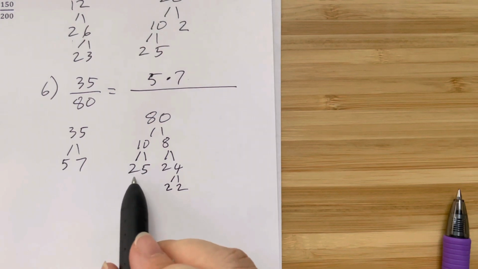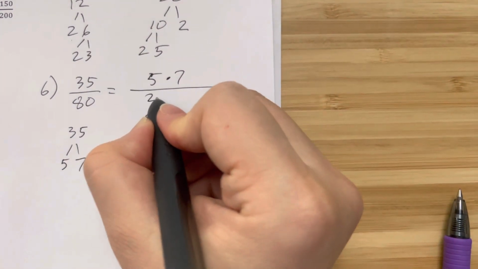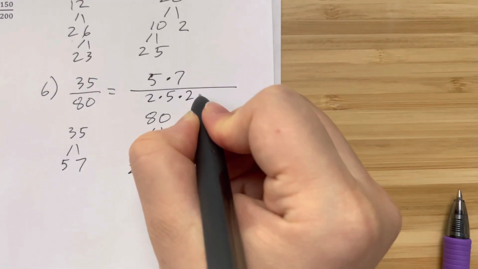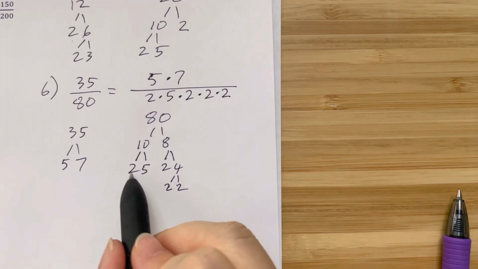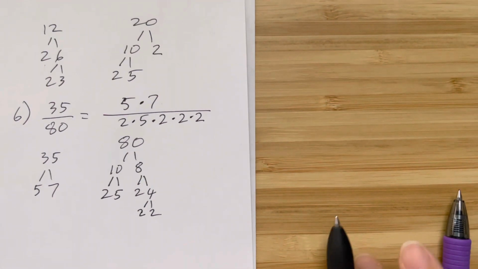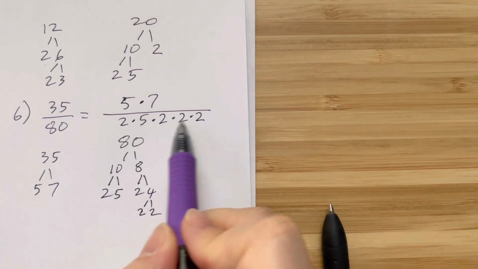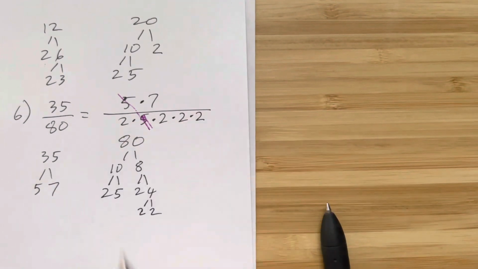So on the bottom we're going to have 2 times 5 times 2 times 2 times 2. Let's make sure we have it right: 1, 2, 3, 4 on the top and 1, 2, 3, 4 on the bottom. Now none of the 2s can cancel out, but a 5 and a 5 can cancel out.